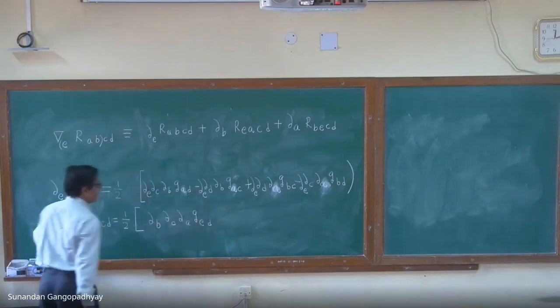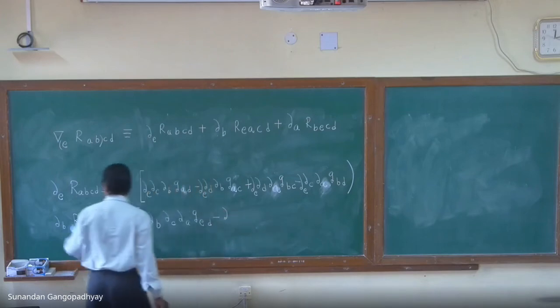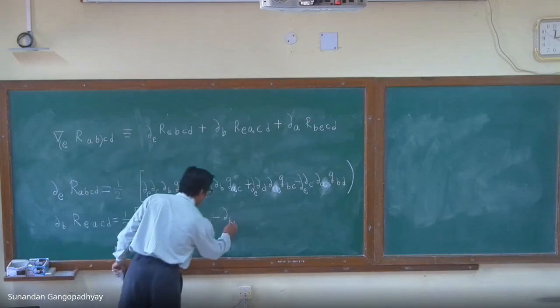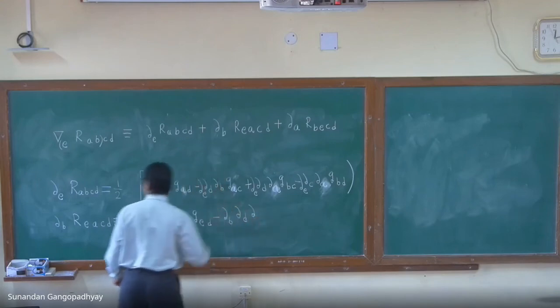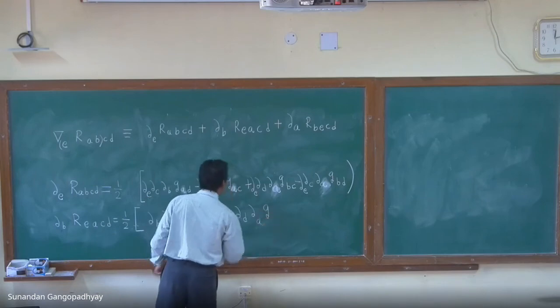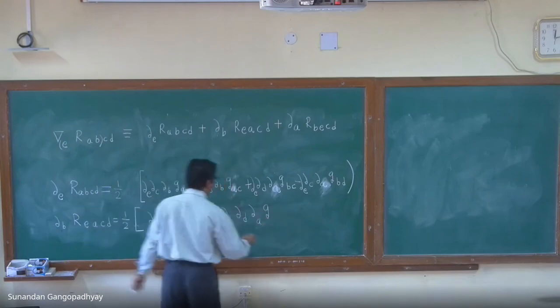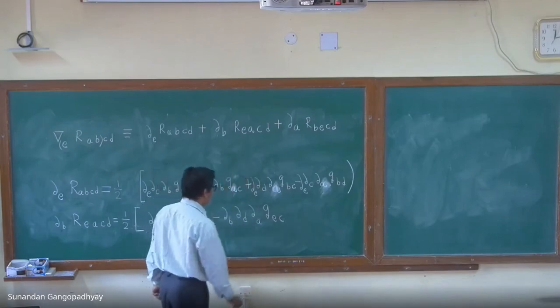E remains. Now the other terms: minus del, once again B, D. D is A. A is E. So this is the second term.